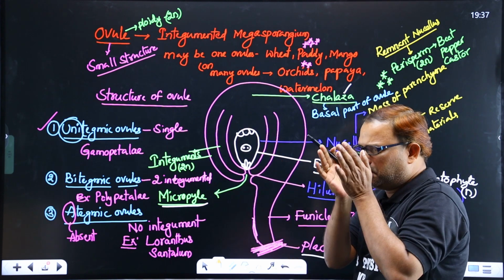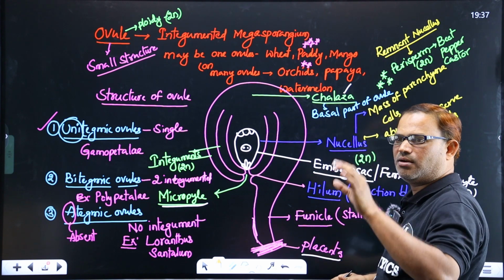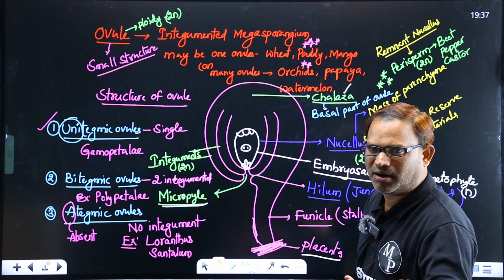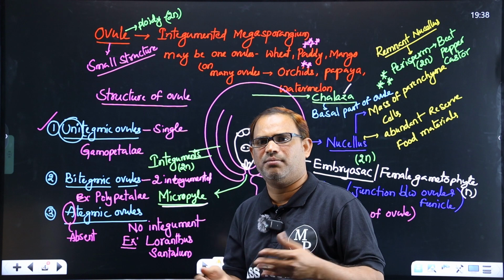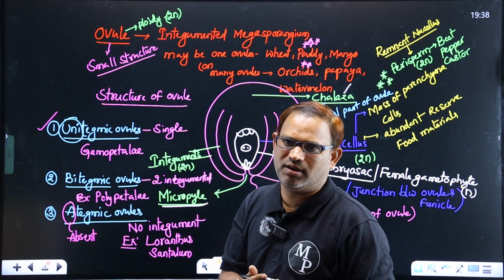Inside the ovule, there is a major part called the nucellus. The nucellus is a mass of parenchyma. Now, parenchyma is one of the very important tissues of the plant organ, because it is a major component within the organ.